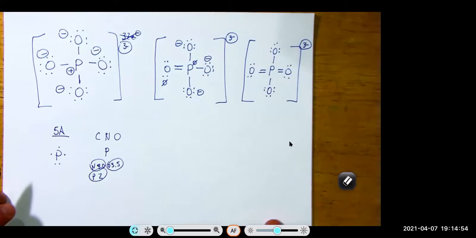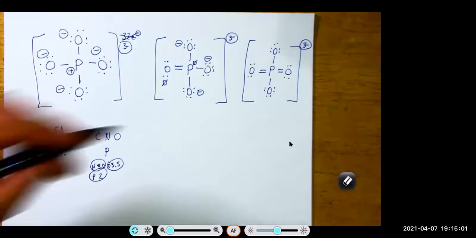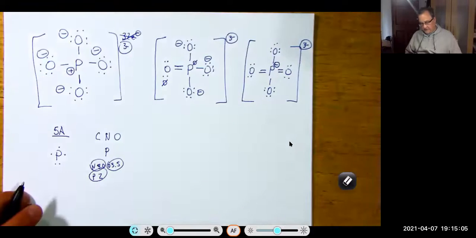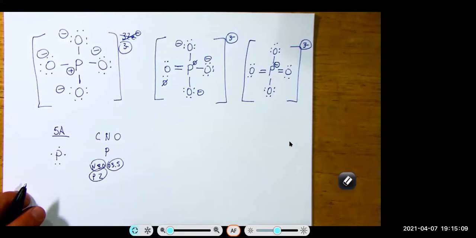Okay, so 1, 2, 3, 4, 5, 6. The phosphorus has an extra electron, so it would be a negative 1. And the double bonded oxygens, 1, 2, 3, 4, 5, 6, are both 0.